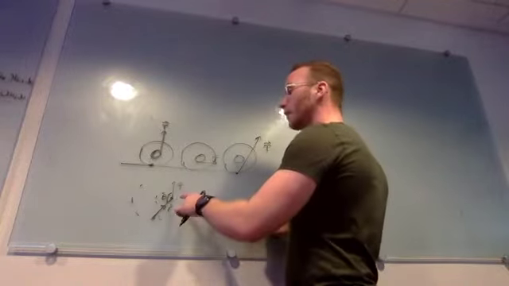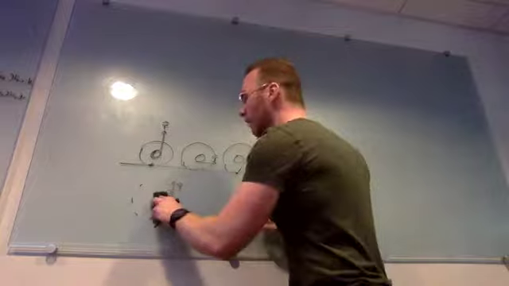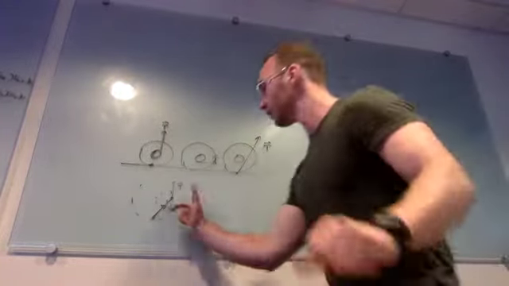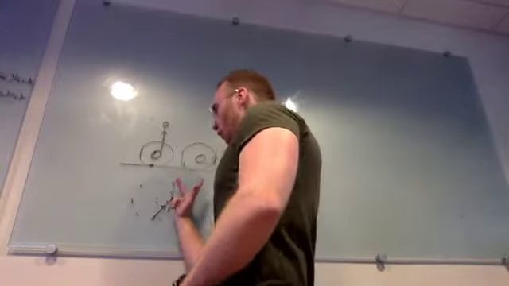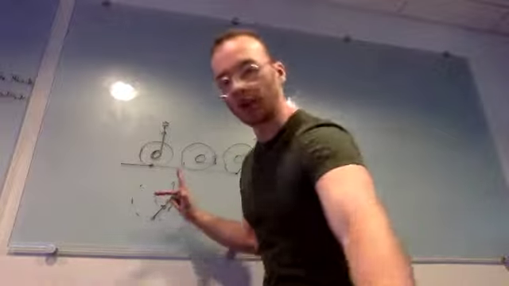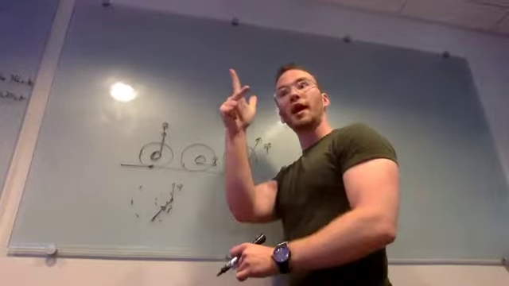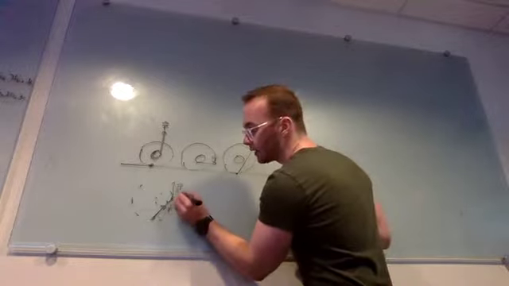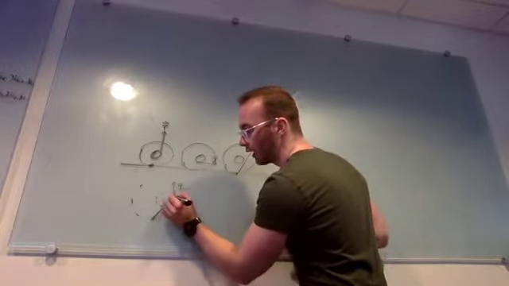Because we can just use the right-hand rule. That's what I meant to do. So let's say R goes like this and T goes like this. It doesn't really matter what angle it is because we can break it into components. T has some component along here and some component this way.